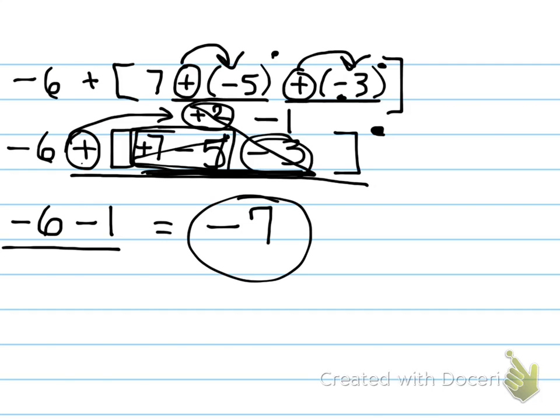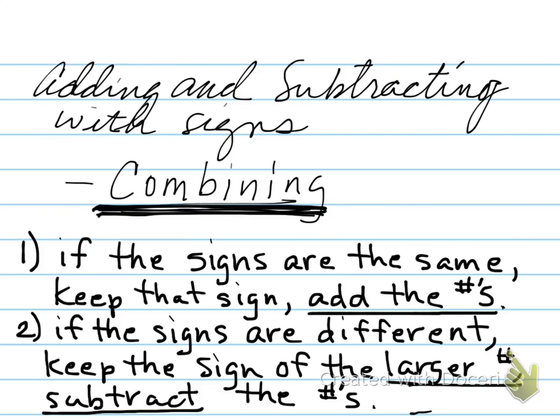Now, notice how I wrote these sign rules. Notice that I always put the sign part first and then the number part second. But I guarantee that most of you learned this as add and what? Keep the sign? Subtract and keep the sign of the larger? That has always baffled me. If the sign is the first part, when should you do it?